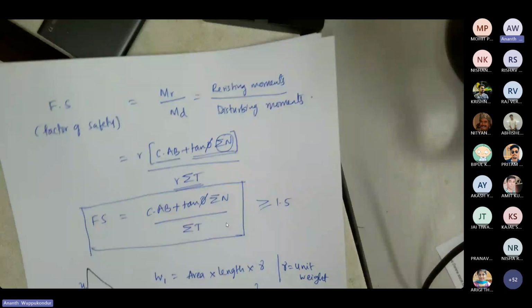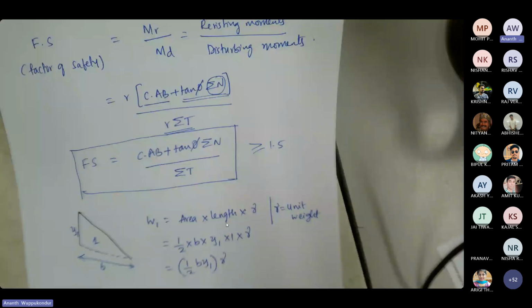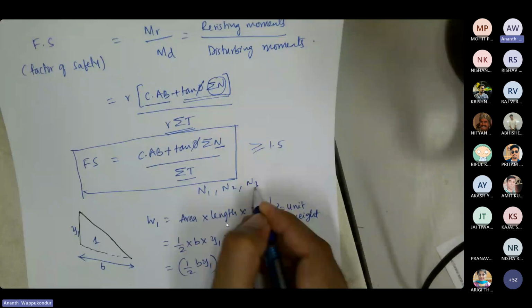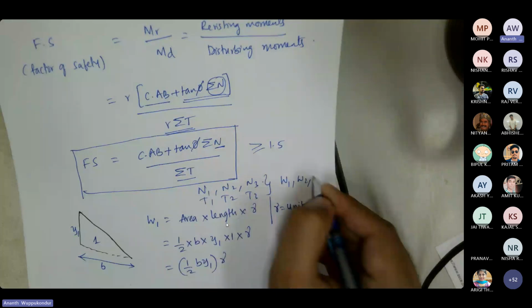Now, if you want to calculate sigma N and sigma T, you need to calculate N1, N2, N3, and T1, T2, T3, which are both a function of the weights W1, W2, W3, etc. So how do we calculate the weight components?